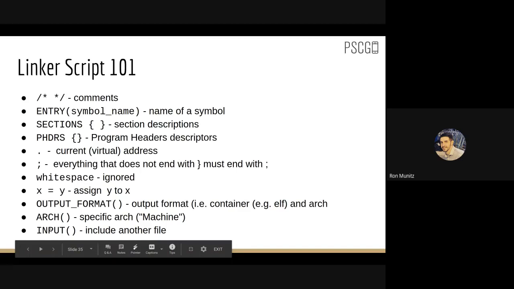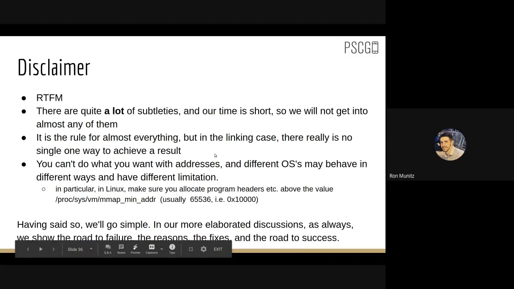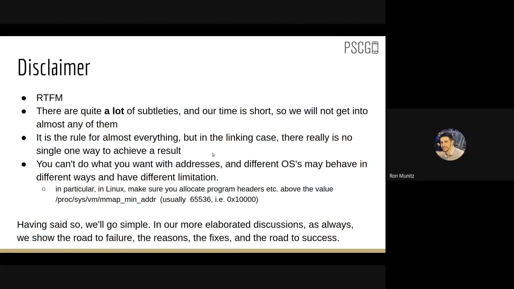Why am I saying this? Because you can, for example, have a linker script that just includes a file and puts it in a section. Okay? So there are a lot of things, and it's important to understand what you want to do. It's important to know the address. It's important to know what somebody who loads you expects, and so on and so forth.